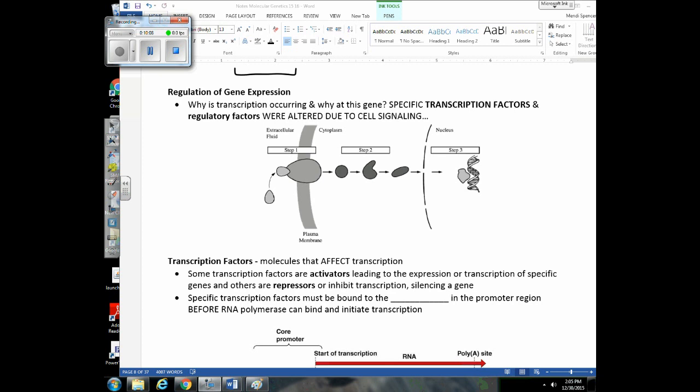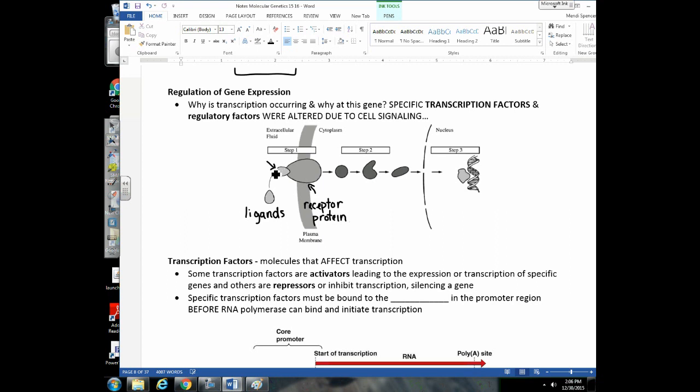So remember, we have ligands or signalers, and they can bind to receptor proteins. And let's indicate this is likely a protein ligand because it cannot cross the membrane. It has to bind to a receptor protein. When it binds to that receptor protein, it activates that secondary messenger inside the cell, and it relays the signal to other molecules in the cytoplasm, like those kinases.